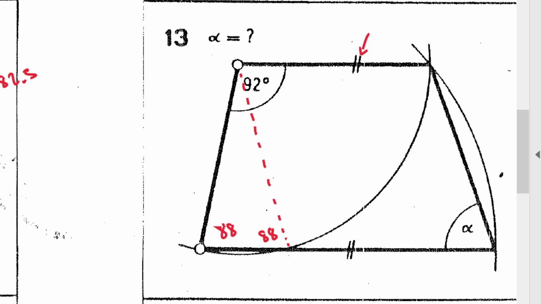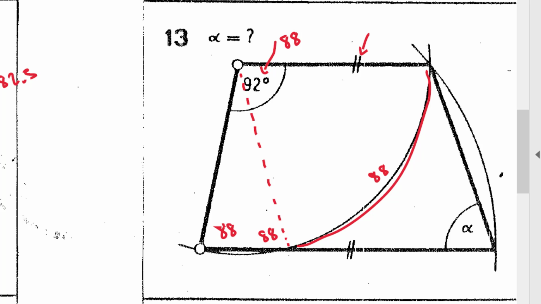And then you can see that because of the parallel lines, this 88 and this little partial angle here is also 88 because they're alternate interior angles. And now that makes this arc right here equal to 88 because that's a central angle.